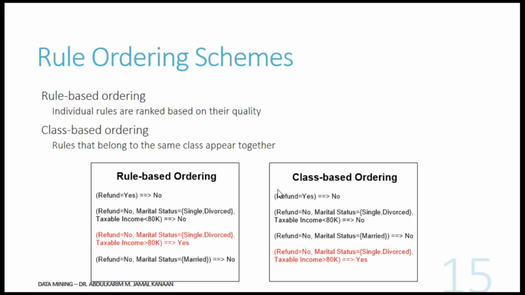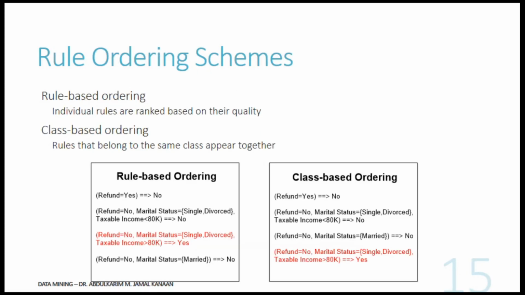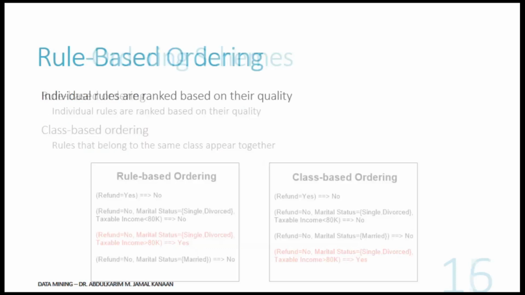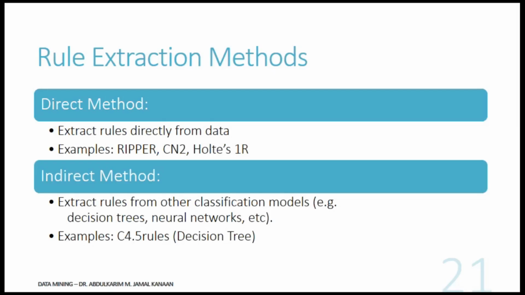Now for class based, we go and check and sort those classes. Class based ordering means we look, for example, probably we take the majority. So the majority maybe belongs to class no, then we order them.